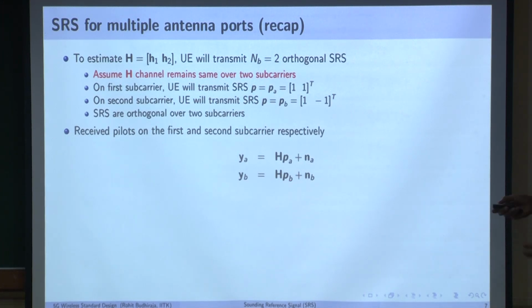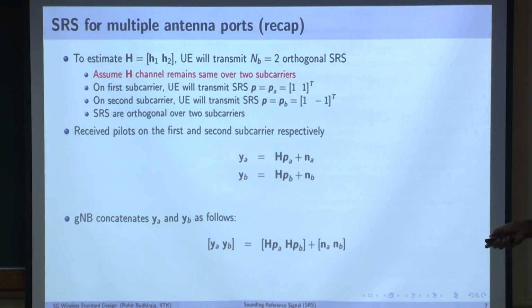Now, how did we estimate this channel? We concatenated these two and we got this equation. Then we took this common H, and the system of equations becomes like this. How are we able to write this?